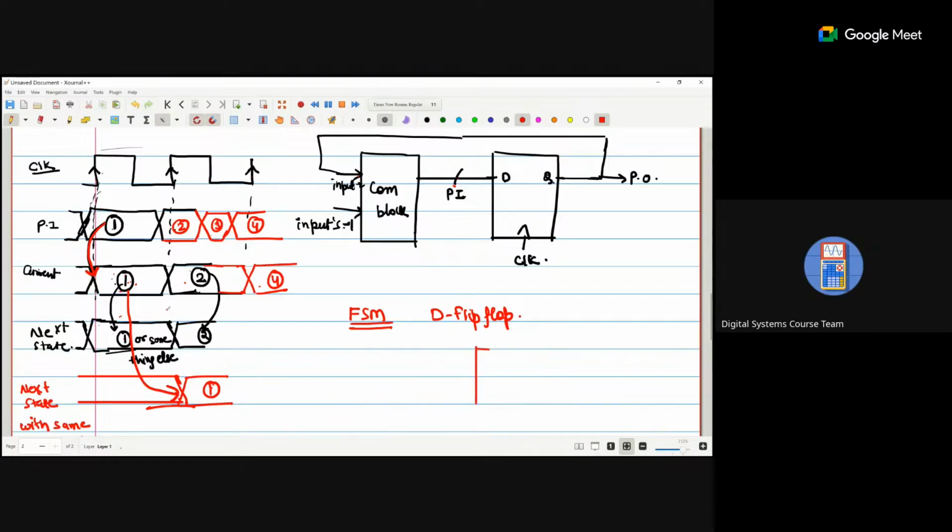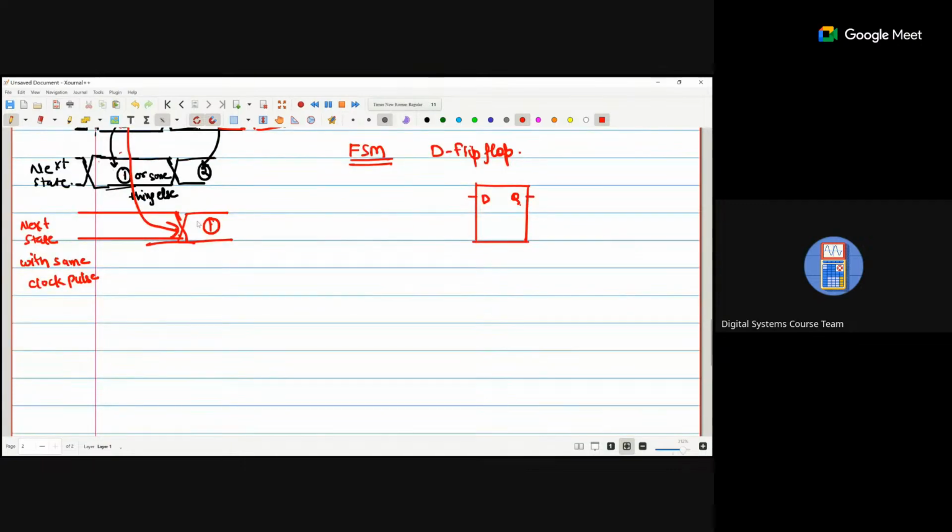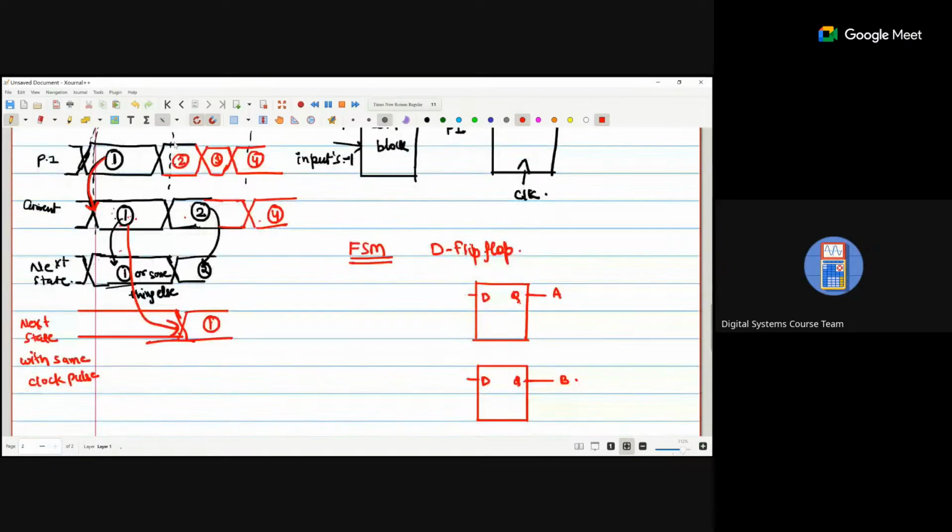We have a D flip-flop, with D and Q. We have one more D flip-flop, D and Q. This is input B. From that input we feed back to the combination block, and I assume my combination block is a combination of multiple gates.